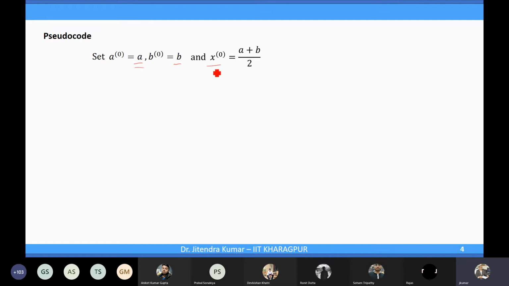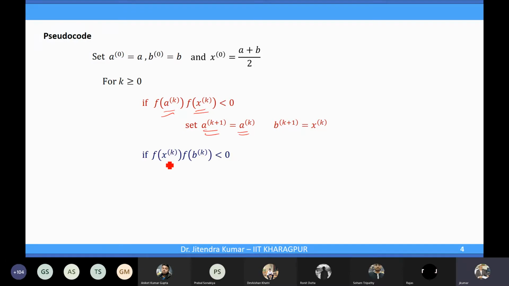Then you compute the middle point of the interval, which is where the name bisect comes from, and call it x0. This is your first approximation to the root. Then you check whether f(a_k) times f(x_k) is less than 0. If this is the case, you set the left boundary to a_k and the right boundary to x_k.